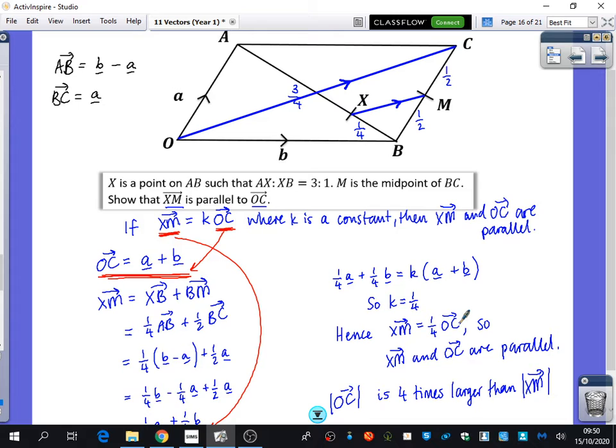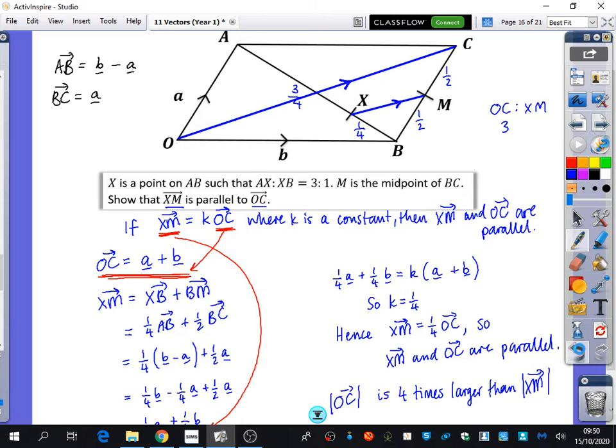It didn't say what is the ratio of these two sides, but we could have said that the ratio of their lengths, OC to XM, would be 4 to 1. Why am I putting a 3 in there? The ratio of these is 4 to 1. If they said, what's the ratio of those lengths? You can do that extra bit there as well, okay?